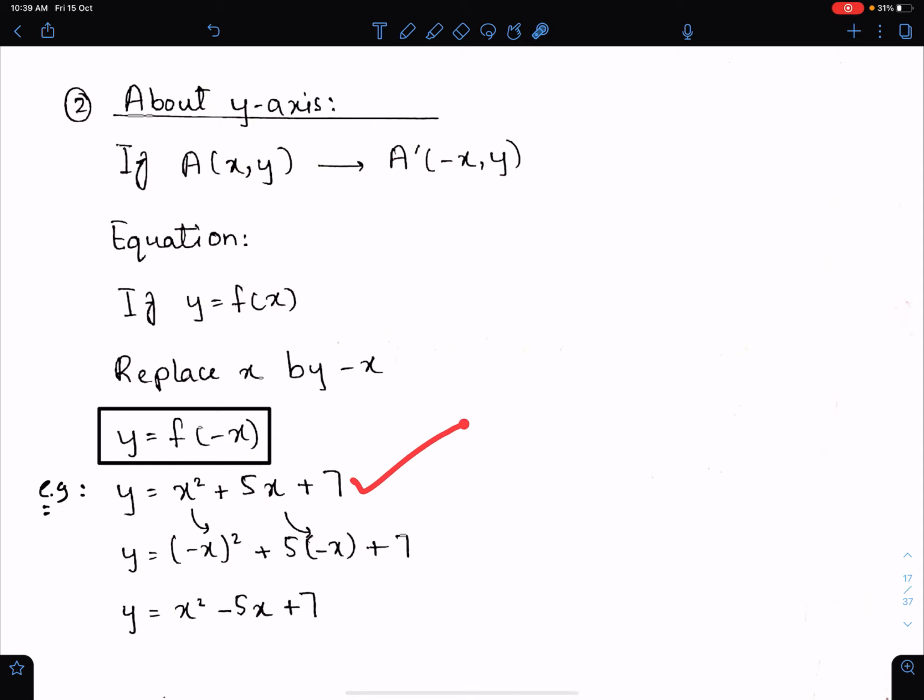This is the equation of the object. If you need the equation of the resulting graph when this is reflected about the y-axis, then you need to replace all x occurrences by minus x. So replace this x by minus x, this x by minus x, and this is the equation of the resulting graph. Just remember this thing. Replace all x occurrences by minus x. That's it.